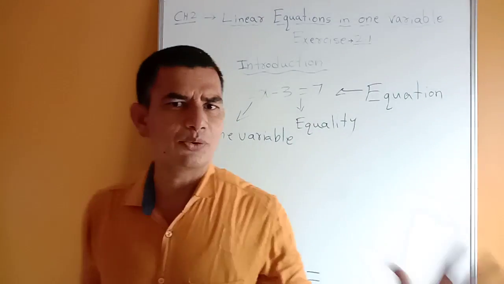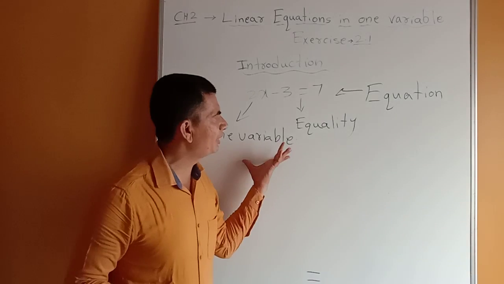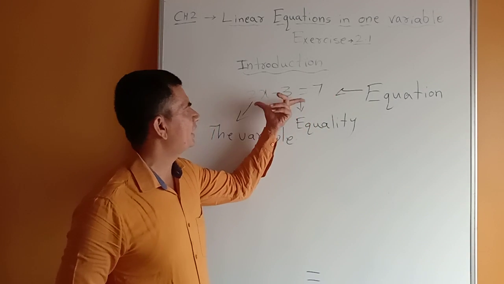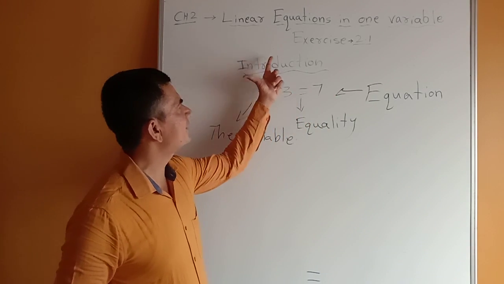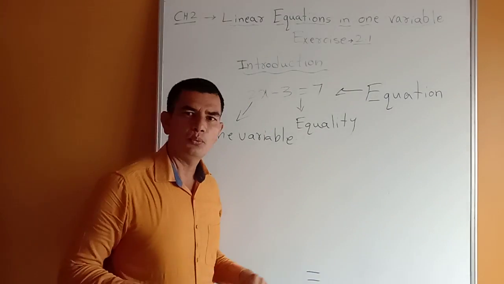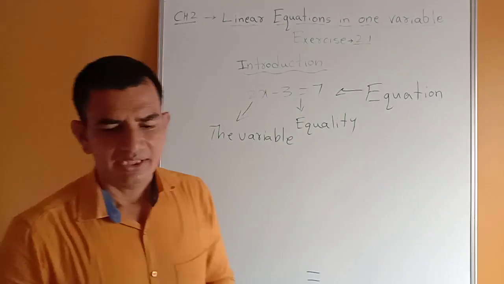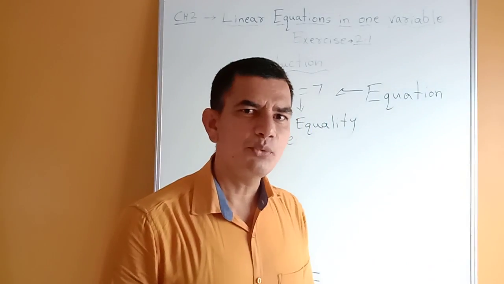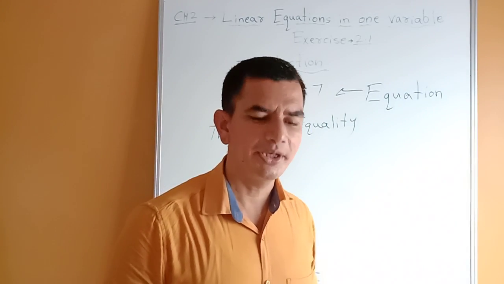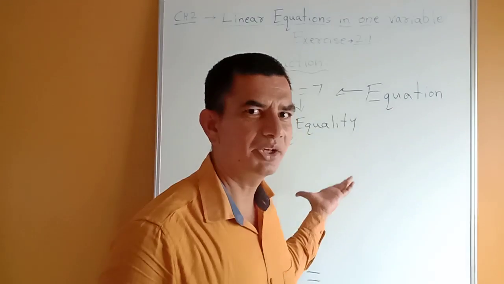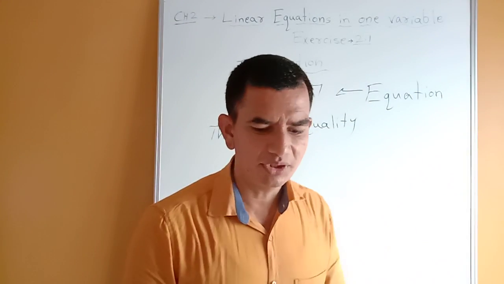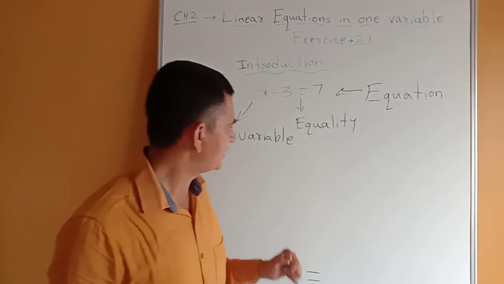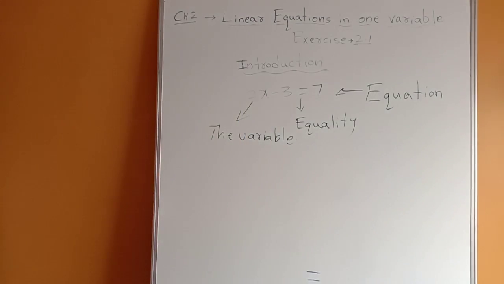If we have the equality sign, if you have the variable, and the total equation, this equation is called a linear equation in one variable. So in this period we are going to learn about exercise 2.1. After a little introduction, now we will start 2.1. Let us see what the questions in 2.1 are.